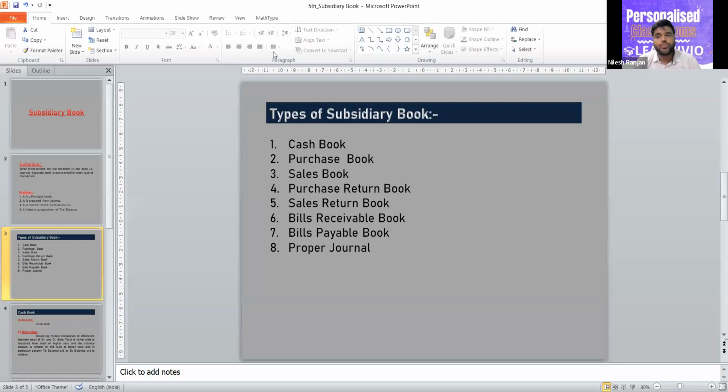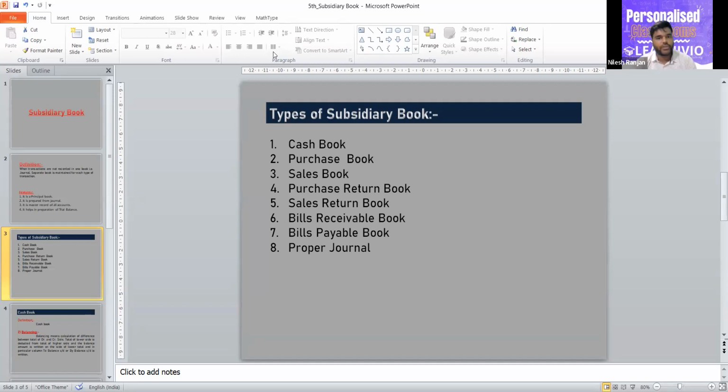We don't use the purchase word for any assets purchased. So whenever we purchase assets, we don't write in the purchase book, because the purchase book is created for writing credit purchases of goods only, not assets.